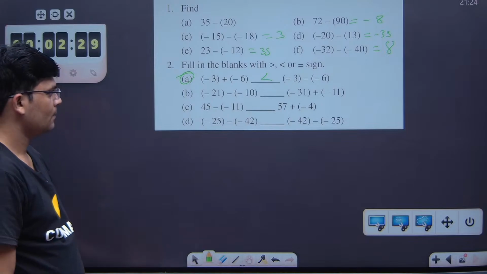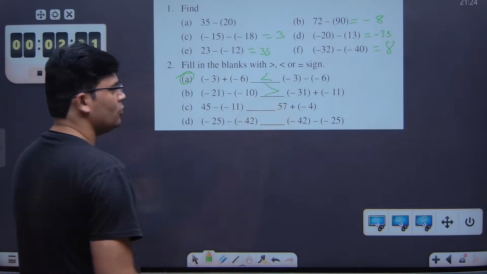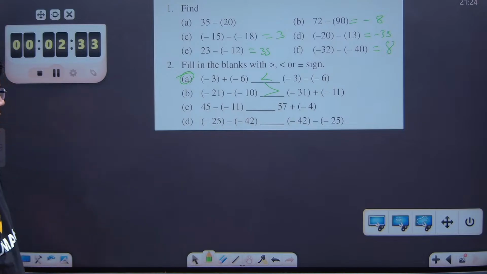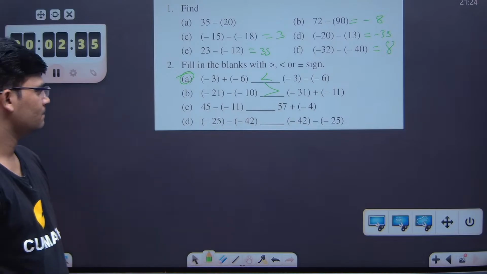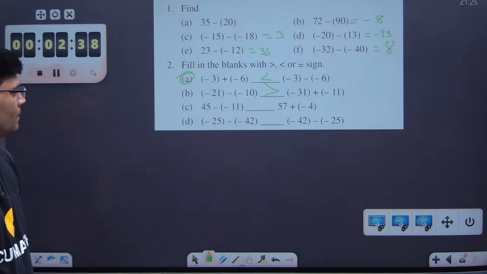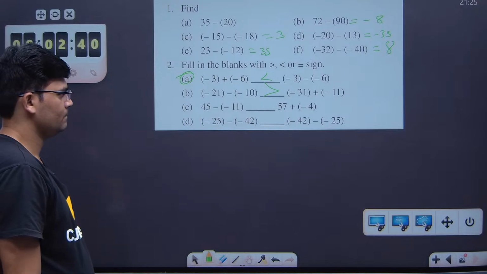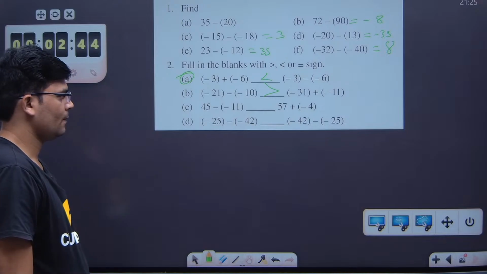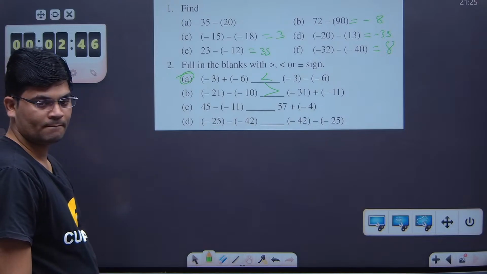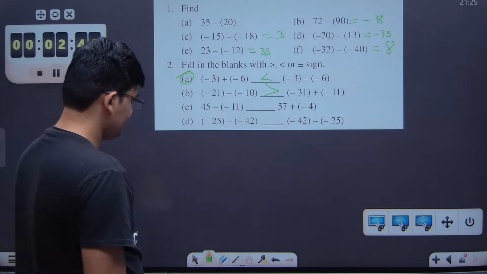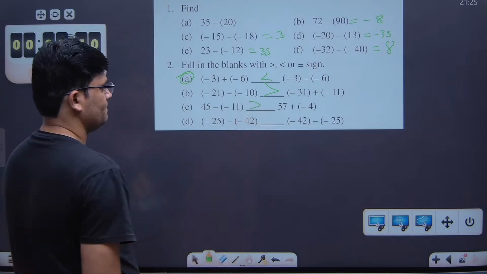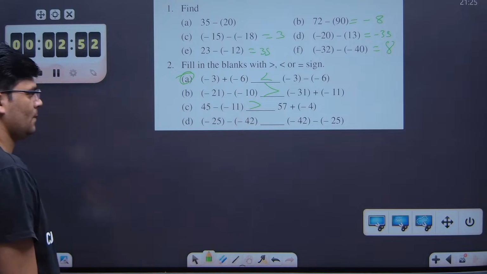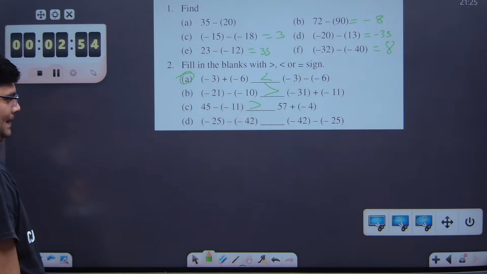Left side. Don't ask questions. Be confident. Left side. Okay. Left side, right? Left side. Okay. Equal. Okay.